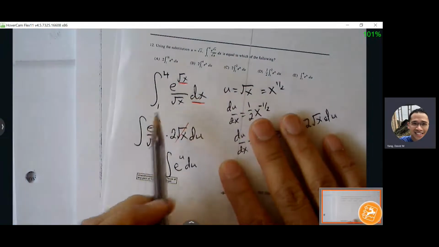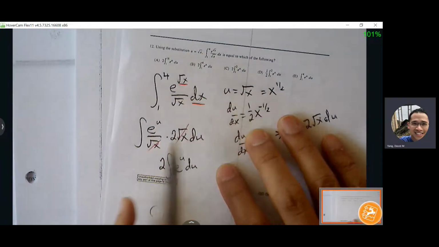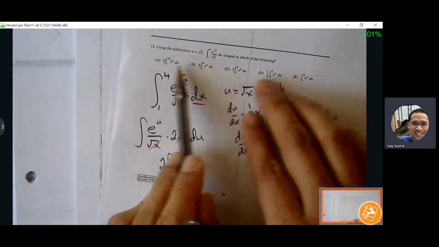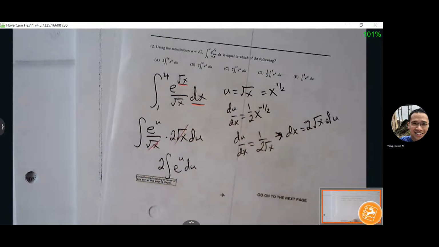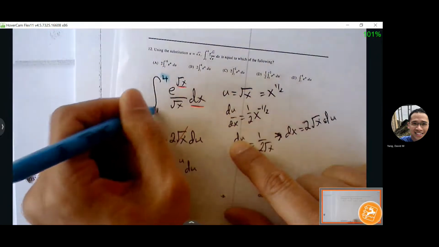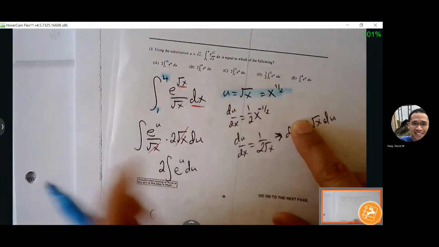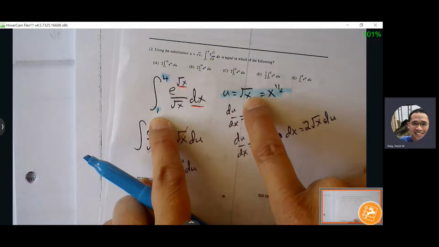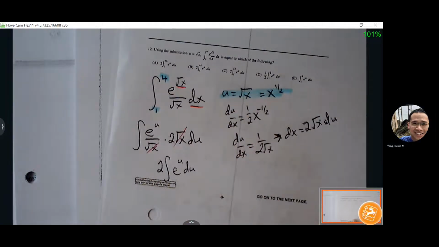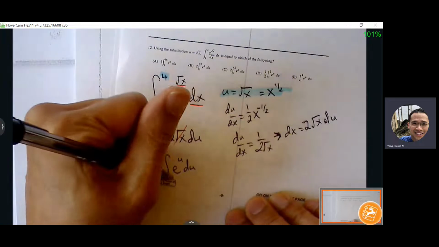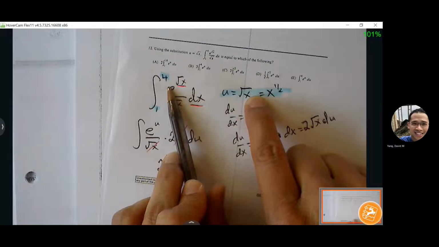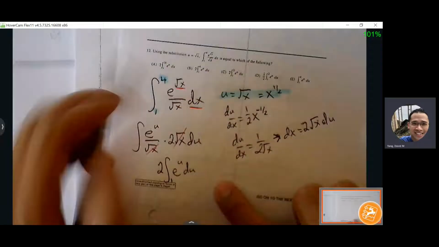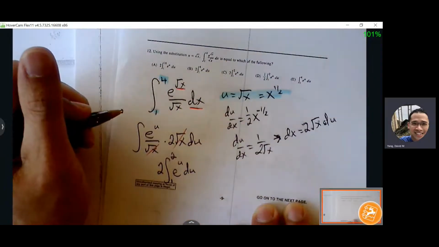But in this case, we're asked to find out what the bounds will be in terms of u. So I have to convert the 1 and 4 in terms of u. Plug the 1 and 4 in for x, so 1 in for root x. Root 1, u is still 1. Plug 4 in for root x. Root 4 is 2. So 1 to 2.